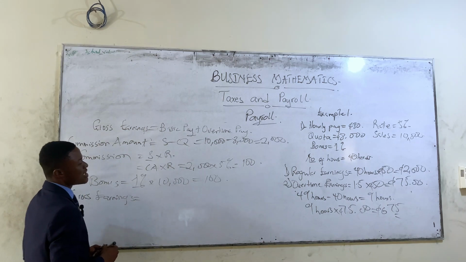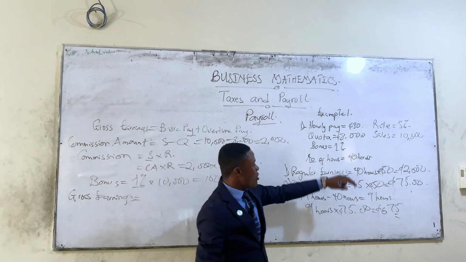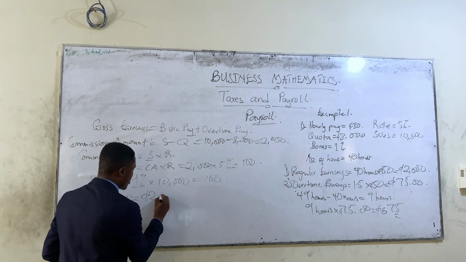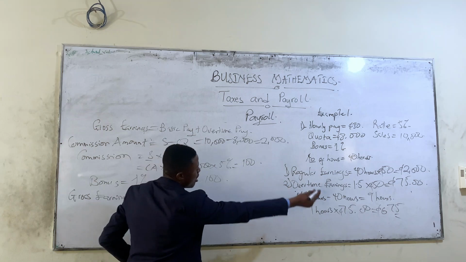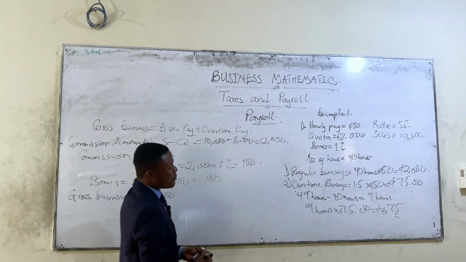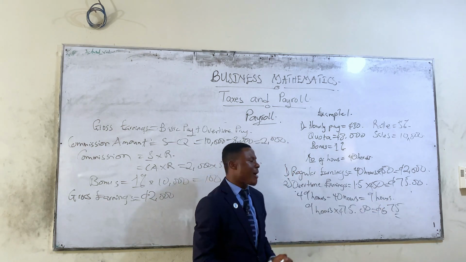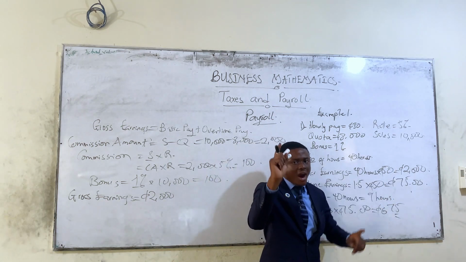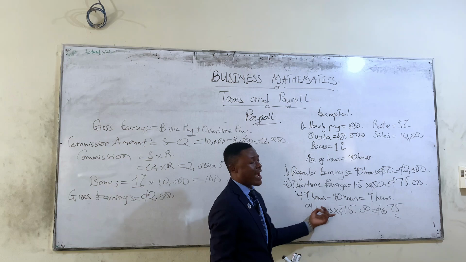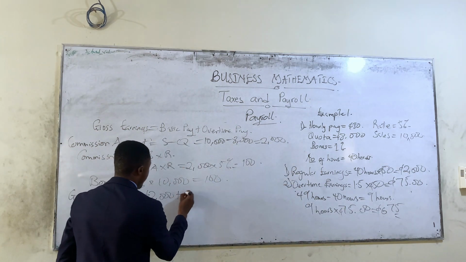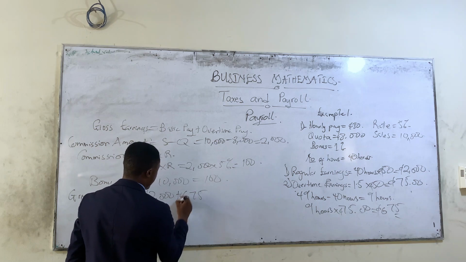First, our basic pay was our regular earnings, 2,000 cedis, plus our overtime pay. After multiplying 1.5 by 50 cedis, we had our overtime pay per hour. If you worked for 9 hours, we had 675 Ghana cedis.